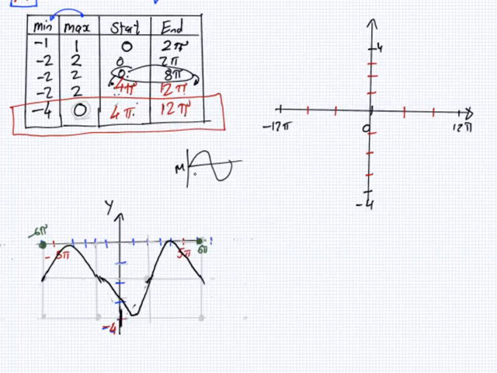The line at minus 4, and then the line at 0. Next, the line at 4 pi, which is here, and then the line at 12 pi.